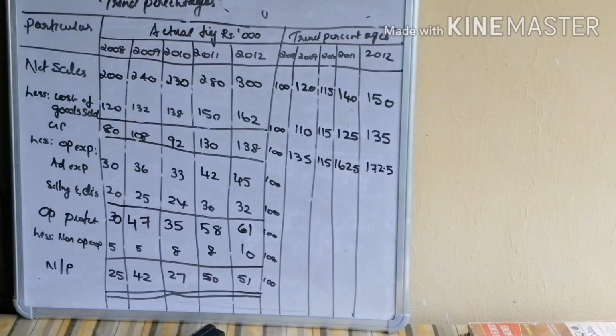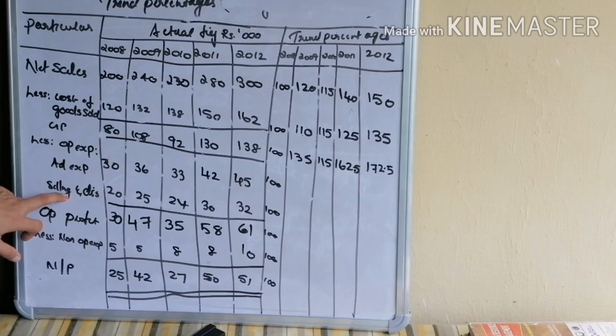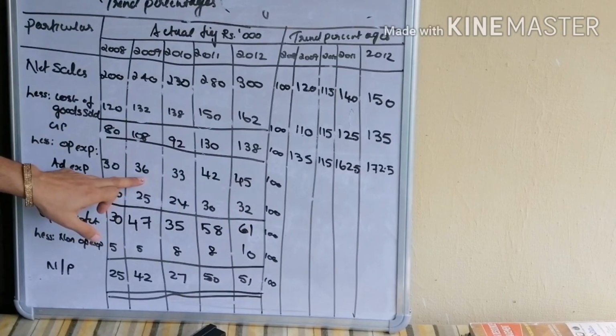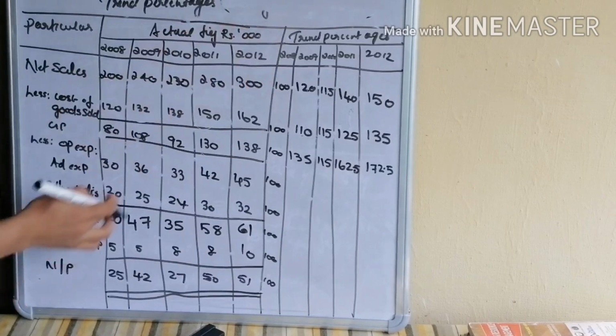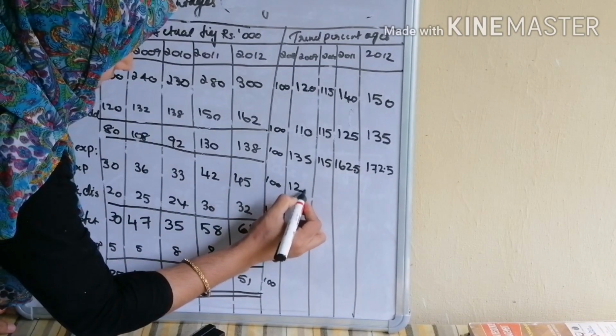And next we have to look at operating expenses. There are two operating expenses given, administrative expenses and selling expenses. So the base year is 100. Next we calculate 36. That means all amounts are given in thousands, right? 36 divided by 30 into 100. The percentage is 120.